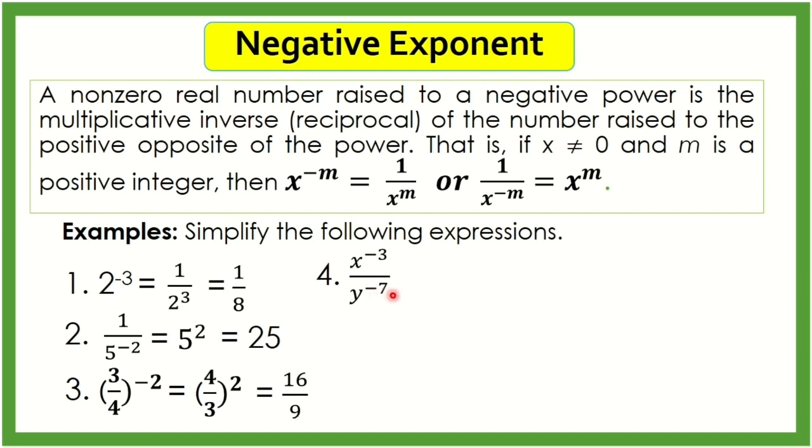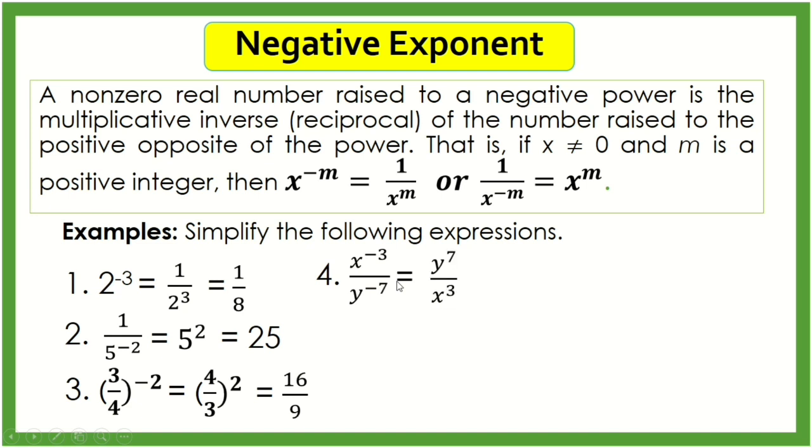Okay, so magkaiba naman sila ng base. Ang numerator, ang base ay x, ang denominator, ang base ay y. So, kung merong ganitong example, yung numerator, mapupunta siya sa denominator. Yung denominator, mapupunta siya sa numerator. And then, papalitan natin ng positive exponents.